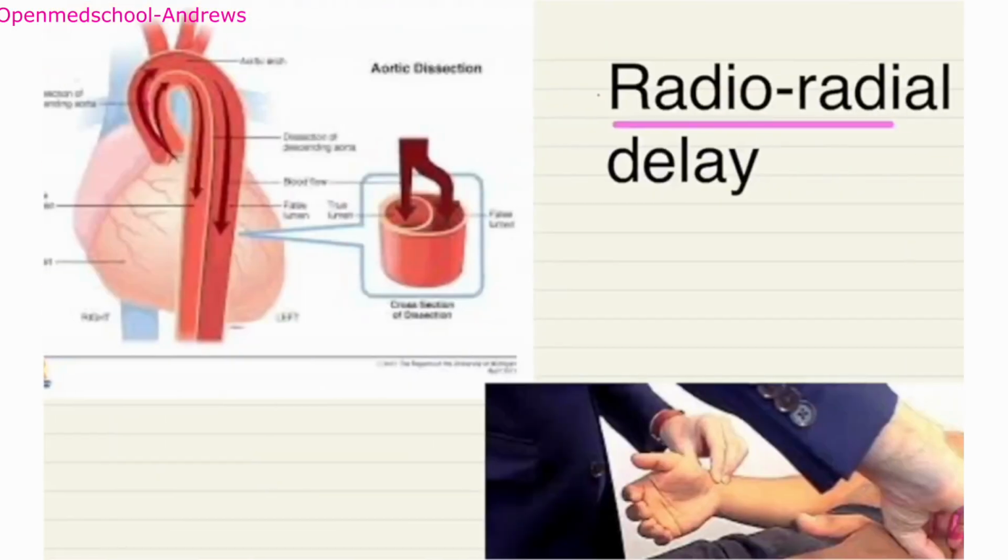Next is the radial delay. That is when you are palpating the radial artery of both sides and there is a delay. This can be due to various conditions like thoracic outlet syndrome, Takayasu arteritis. Here again the more important condition you should keep in mind is dissection of aorta. In dissection, there's a false lumen. This may block the innominate artery, so that the subclavian and the radial artery on the right side can be weak and delayed.